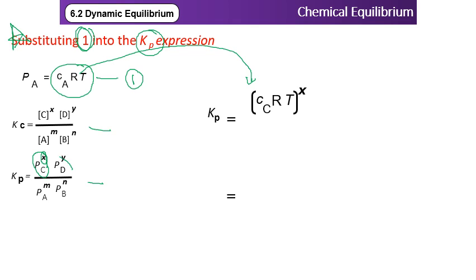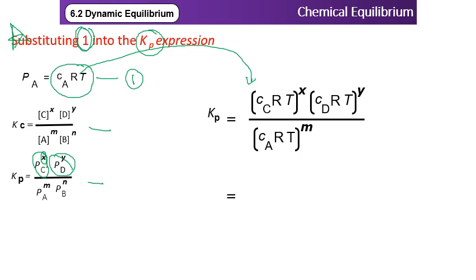If this one is the partial pressure for D, here we will show concentration of D times RT to the power of y, divided by the concentration of A times RT to the power of m, then multiplied by the concentration of B times RT to the power of n.